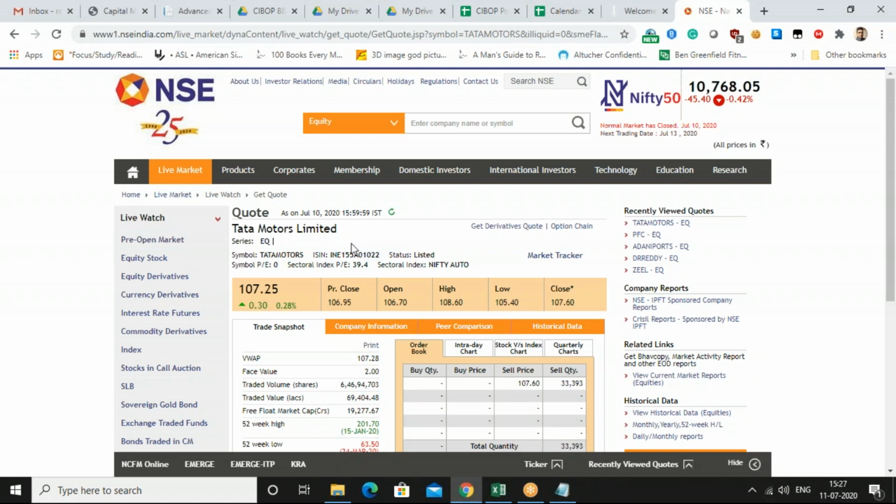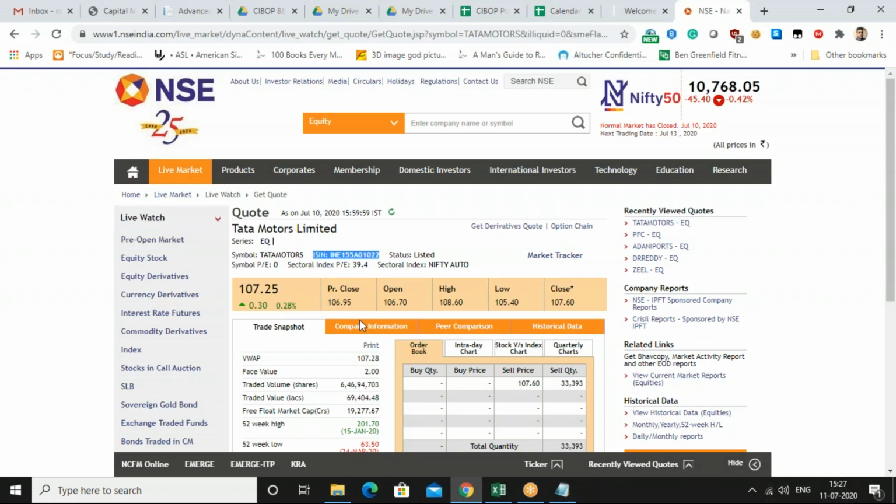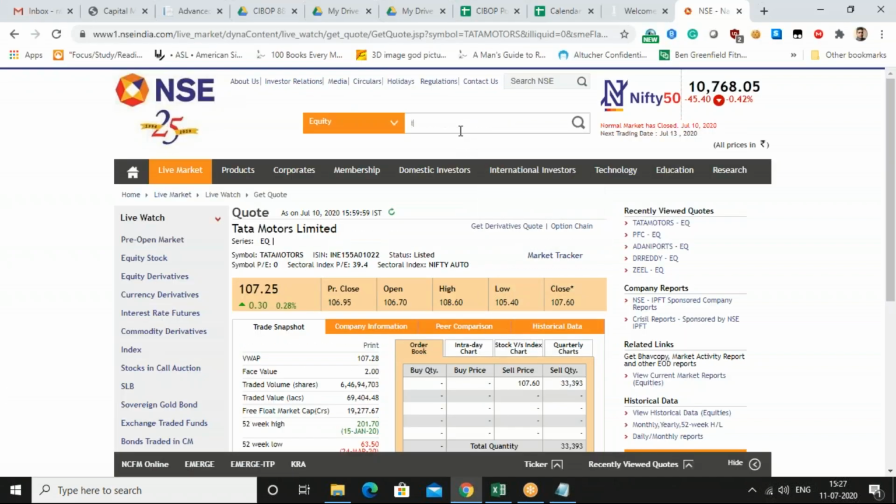See, this is why you guys should always go to the stock exchange. If you go to third party, right? The information at times could be wrong. Okay. And in real life, these guys would be fired. Okay, 107.25. Okay, now let's look at Tata Motors DVR.